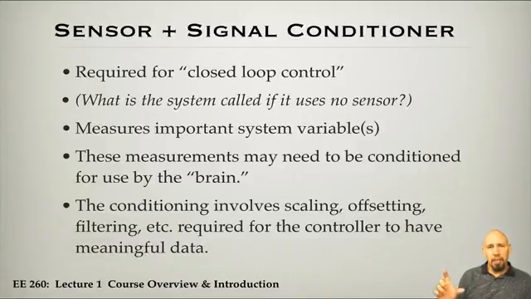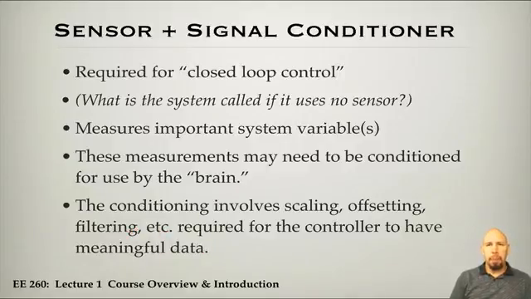So if you have a sensor that gives negative voltage values, then it can't be used by the Arduino directly. You have to do something with it first so that it no longer has negative values. So the signal has to be conditioned for use by the brain. In general, the conditioning may involve a number of operations: scaling, offsetting, filtering, in order to be used.